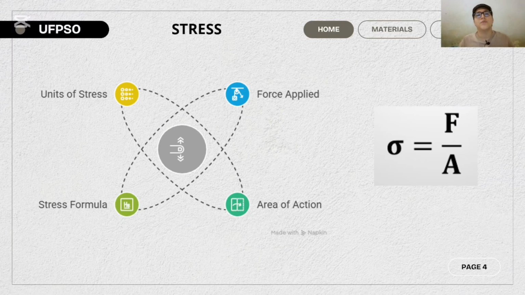It is used to measure how intense the internal force is within the material when a load is applied. The stress formula is sigma equals F over A, where F is the applied force and A is the area over which the force acts.